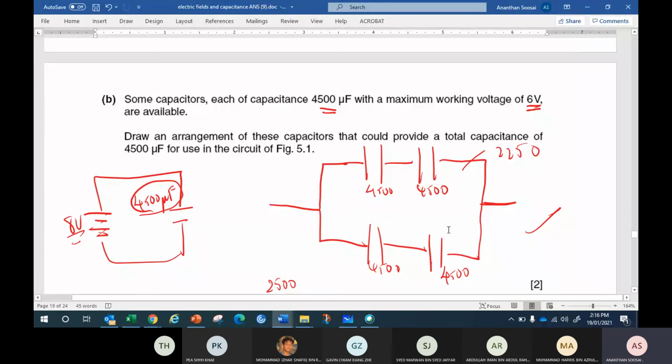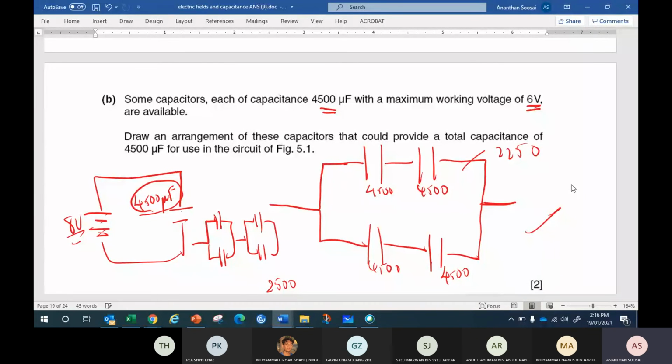Okay. So those who know this is the arrangement, or you can do like this, or you can do like this. You can do 2, then connect another 2. Also can. This also can. Okay, you still get 4,500. Okay, so when you connect like this, each capacitor takes how many volt? Come on.